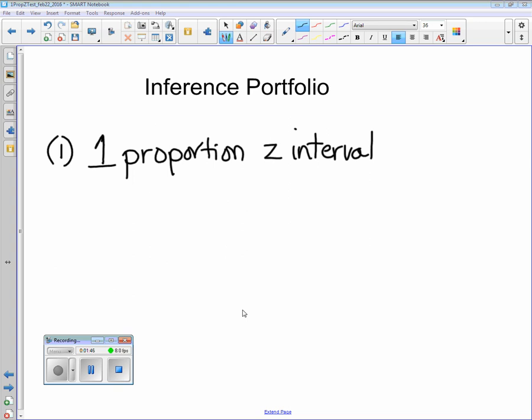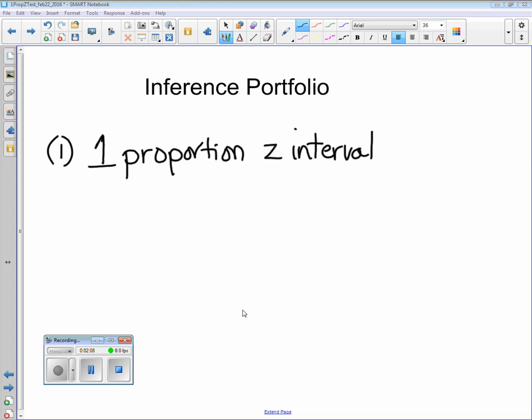You're going to use an example from either our notes in class or a homework example, whatever you choose to do, but you're going to do one example for every single test. Does that make sense? Okay? We're actually going to use an example that we did with the interval last class and do it with a test today, but it needs to be a different contextual example for each one.